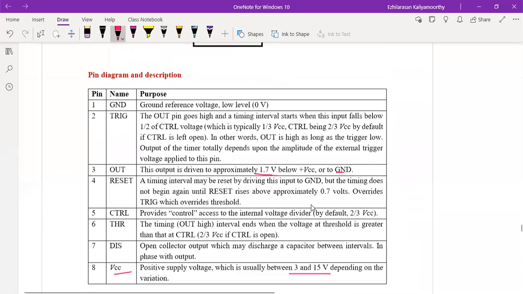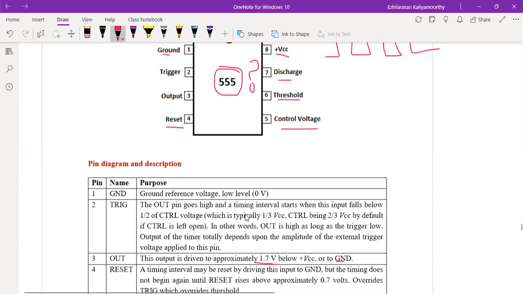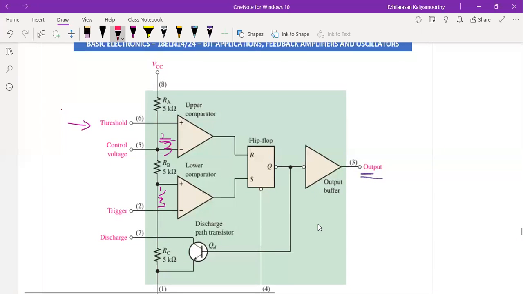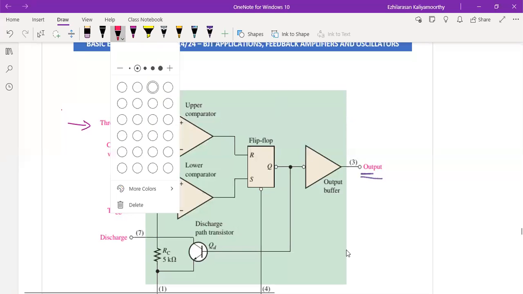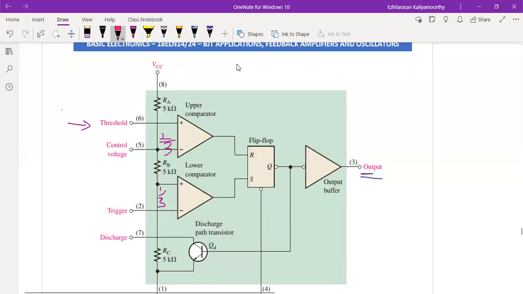Now let us see what the internal circuit of this IC will be. We want to know internally what will be there in the IC, the integrated circuit. The internal circuitry diagram of the 555 timer is this. Like this only it will be there. Now in this you may have 3-4 parts. Normally the 555 timer consists of two comparators, one upper comparator and another lower comparator, and it consists of a flip-flop.